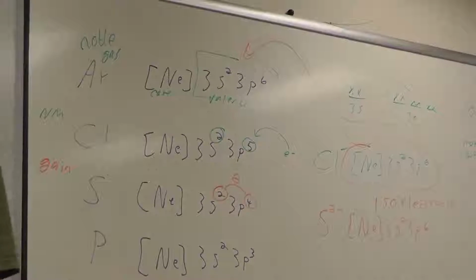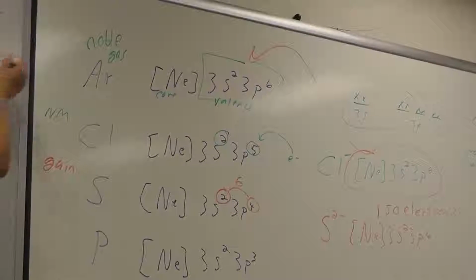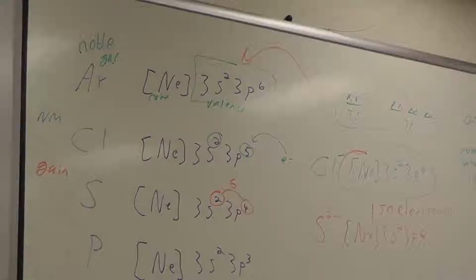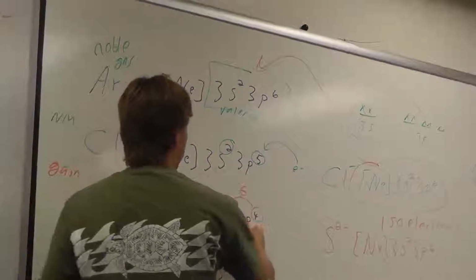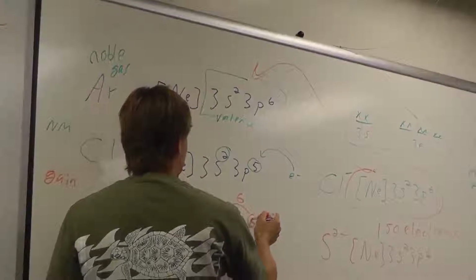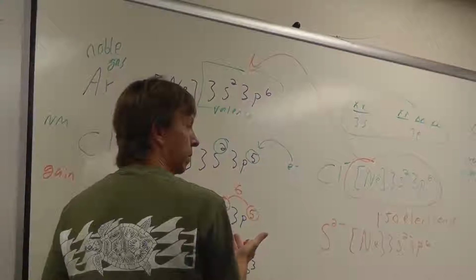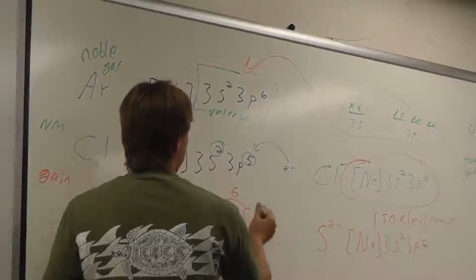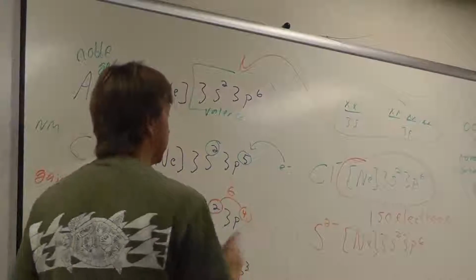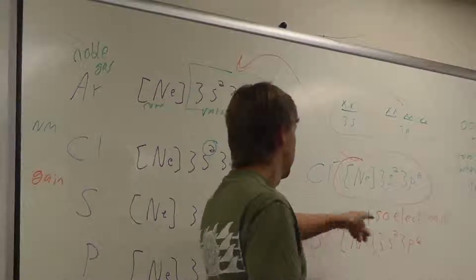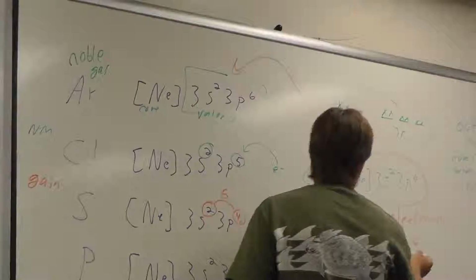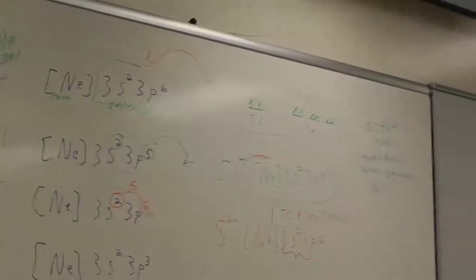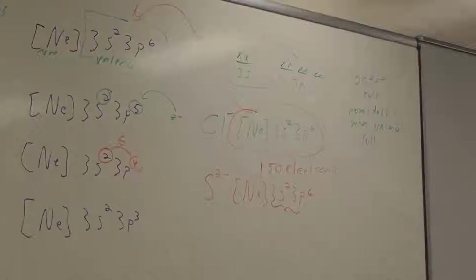Just like you'll never see chlorine as a -2, you will never see sulfur as a -1. If it's not stable with S2P4, it's not going to be stable with S2P5 either, right? But it's going to do what it needs to do to get the octet. And it takes 2 additional to get that octet. This is what we're talking about as the octet. Valence full at 8 electrons.